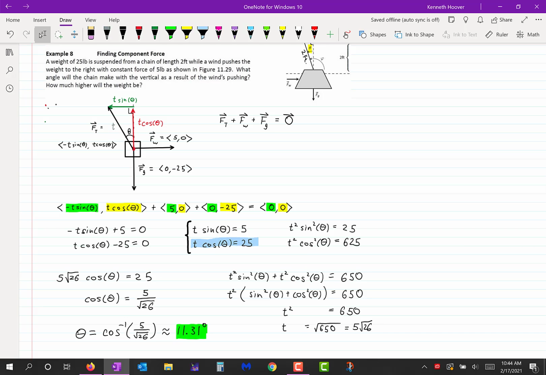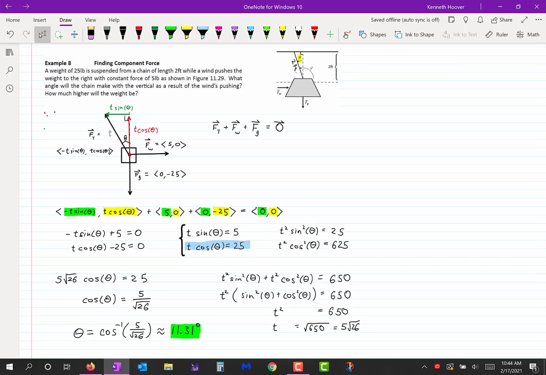Okay? Now the next question says, how much will the weight go up? For that, we're going to look not at our free body diagram, but at the original picture. We're going to look at this triangle here. That's different than this triangle because the length of this hypotenuse is 2.